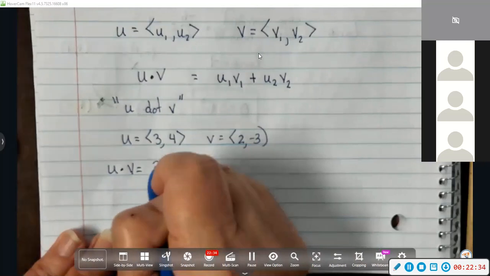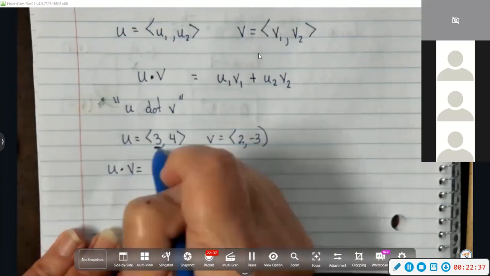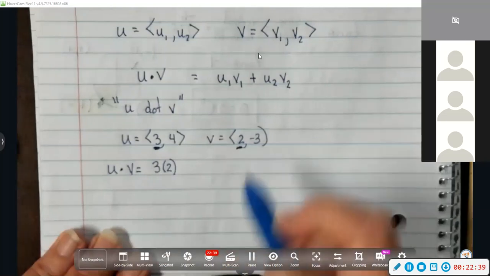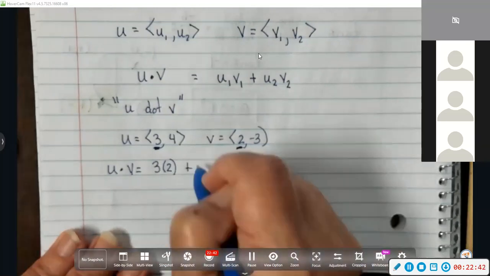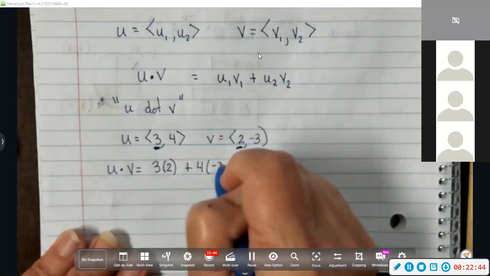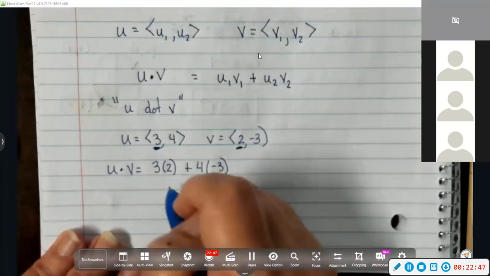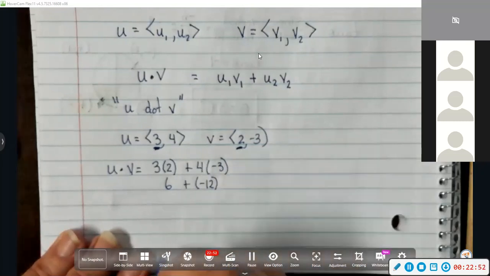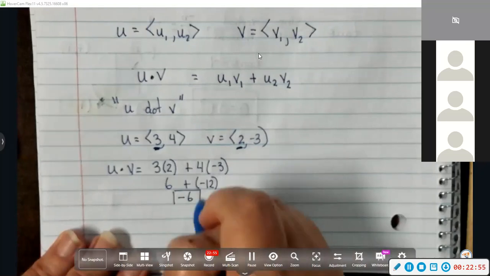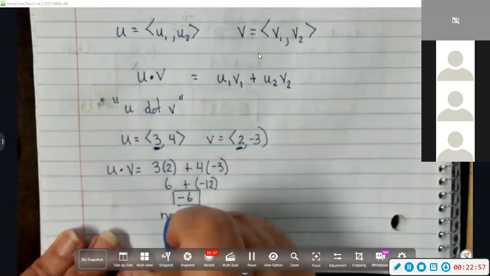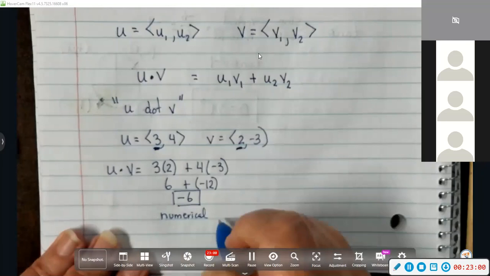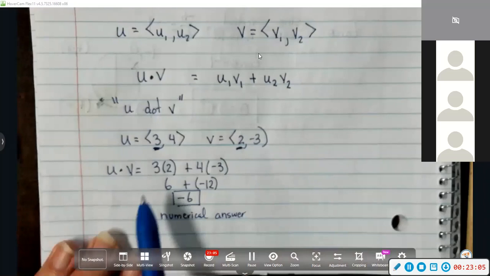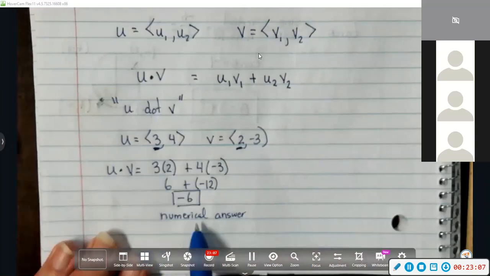So that is 3 times 2, taking the 3 from u, the 2 from v, and then I'm adding that with 4 times negative 3. 3 times 2 is 6, 4 times negative 3 is negative 12. 6 added with negative 12 is negative 6. I got just a numerical answer. So I did the dot product of two vectors, but my answer didn't come out as a vector. My answer just came out as a number.